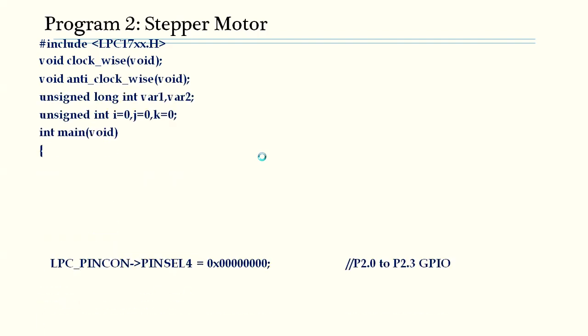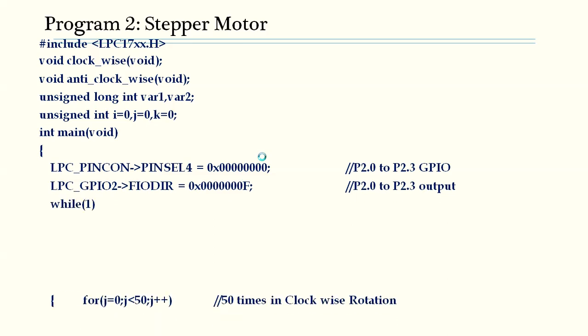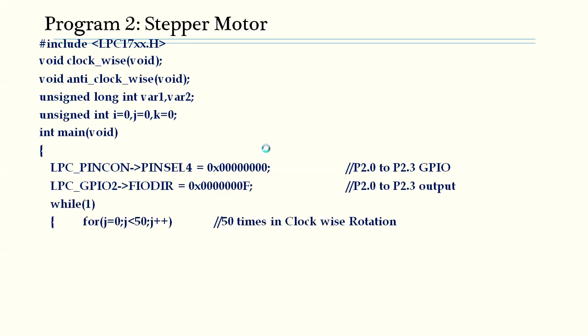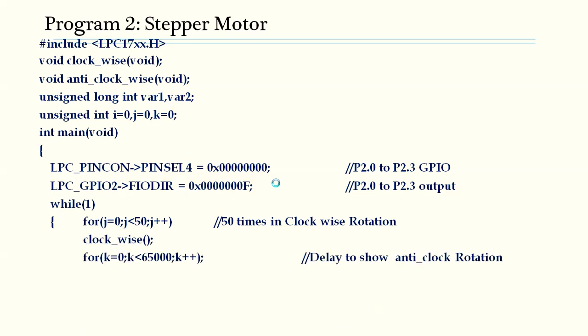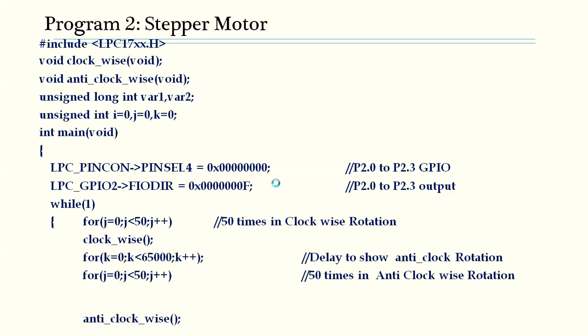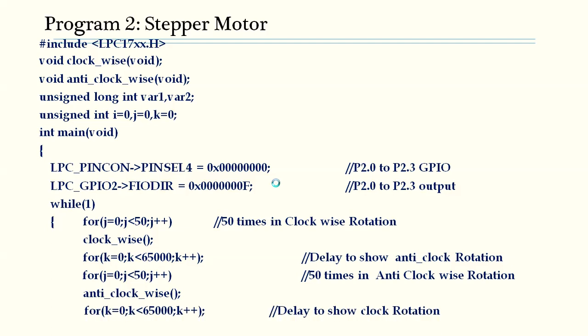I'll just quickly run through and show you how it is. The value that you give here as 50 could be different. As I said, if it is for 90 degrees of rotation, then accordingly it would be 200 divided by 4, which will be 50, and further divided by 4 you get it in some points.